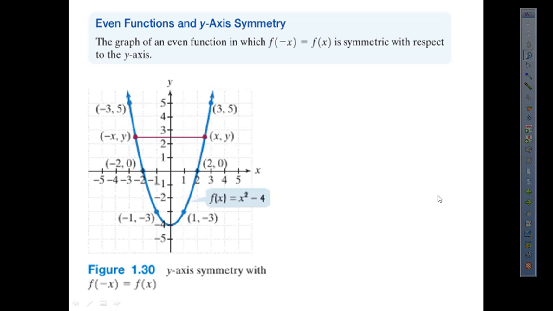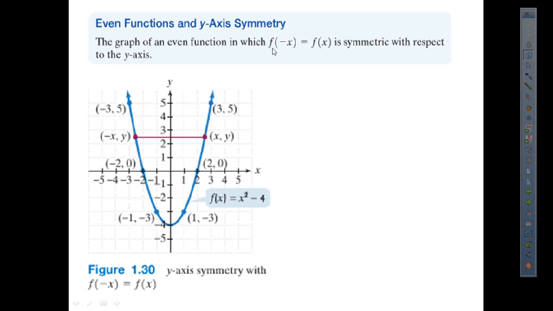All right, even functions and y-axis symmetry. Well, if we have a function that's even, it's going to be symmetric with respect to the y-axis. Now, guys, I need you to actually start looking at this in more than one way. Don't just look at this and say, oh, okay, well, f of negative x is equal to f of x. Duh, it's even. I also want you to think about graph.